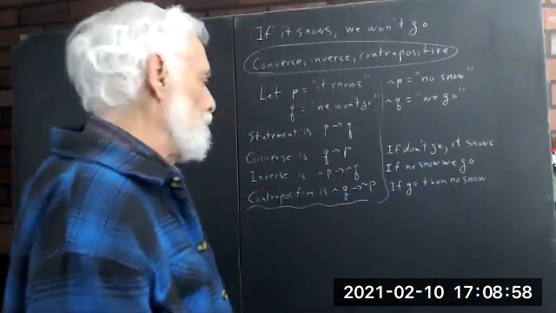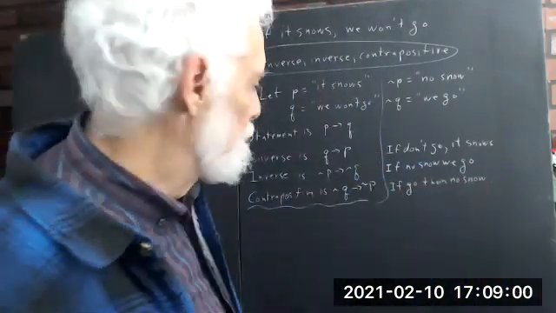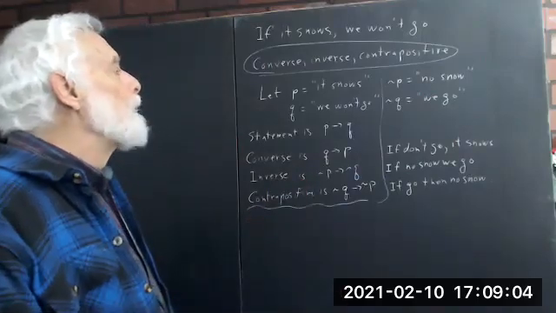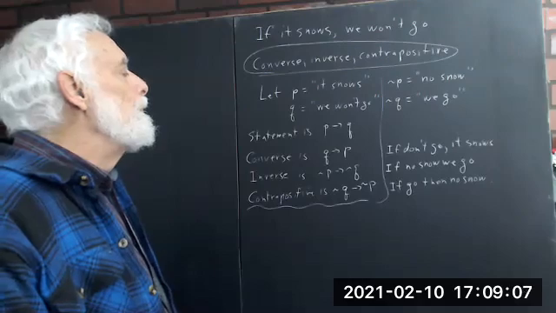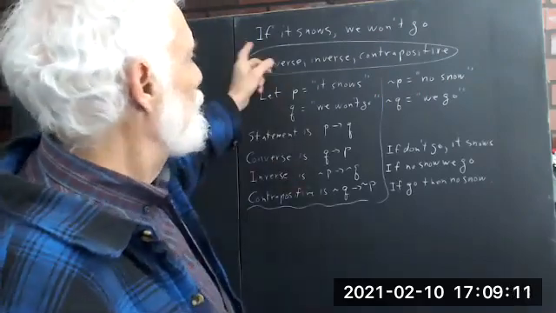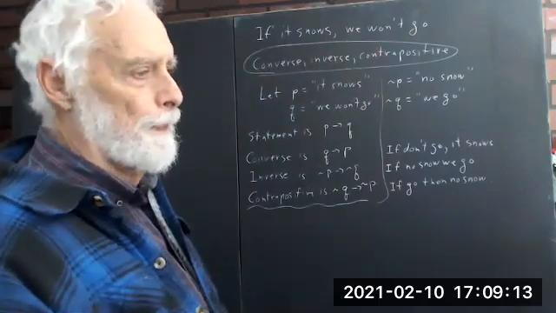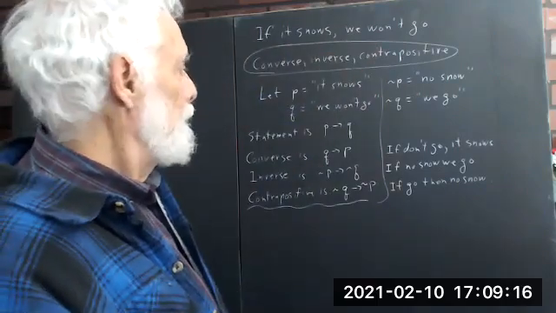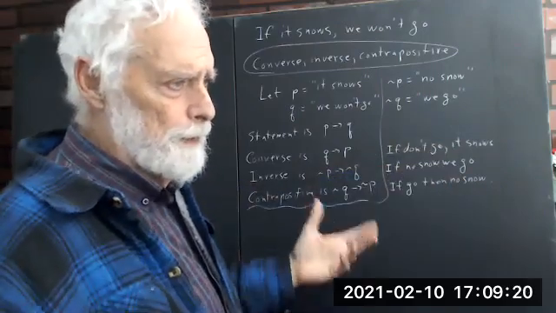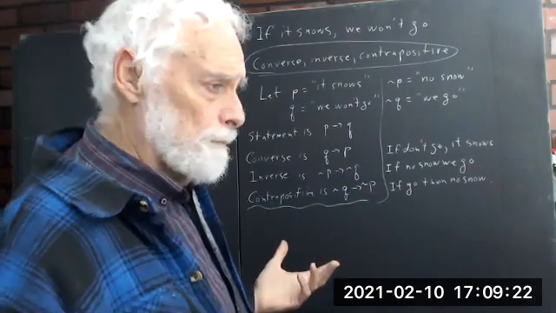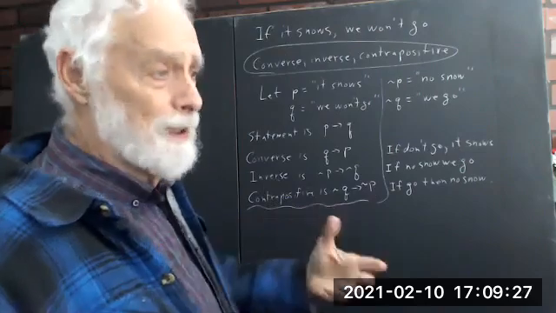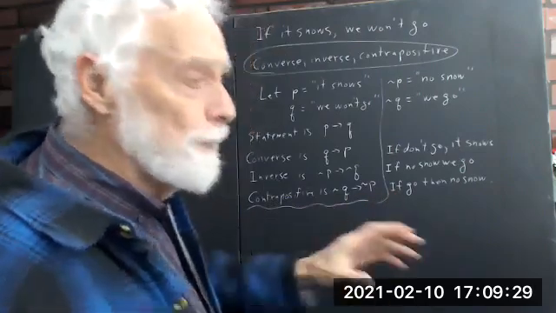Now, technically, I don't know if that has the right cause and effect relationship, but logically, let's see what's equivalent to what. If I say, if it snows, we won't go, and if I say, if we don't go, it'll snow, are those equivalent statements? Well, it kind of doesn't feel that way, but it can be a little confusing.